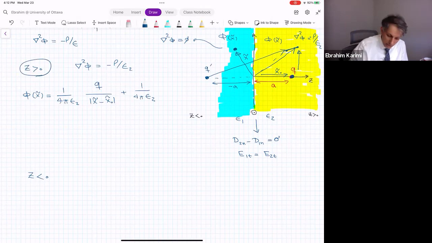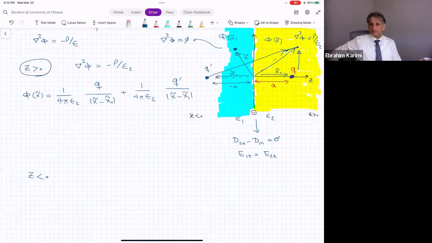Okay, but it is given by q prime divided by x minus x1, and the x1 is that distance. Okay, that is for z greater than 0.